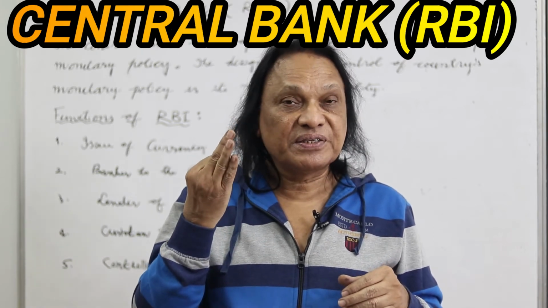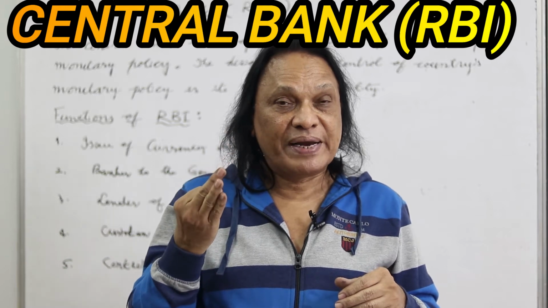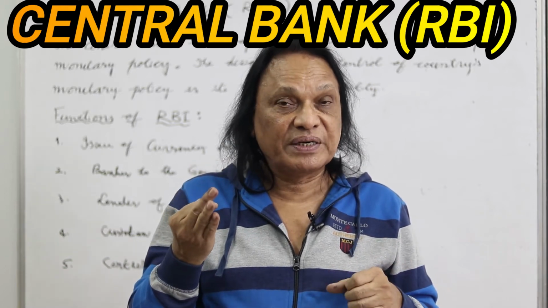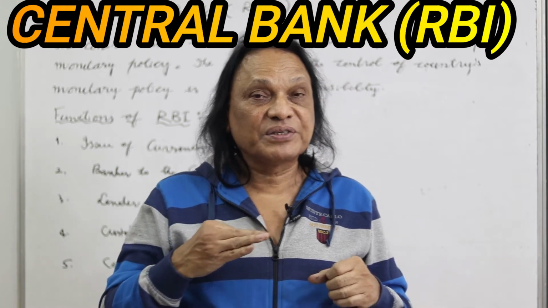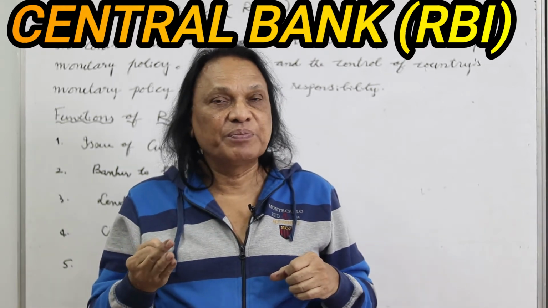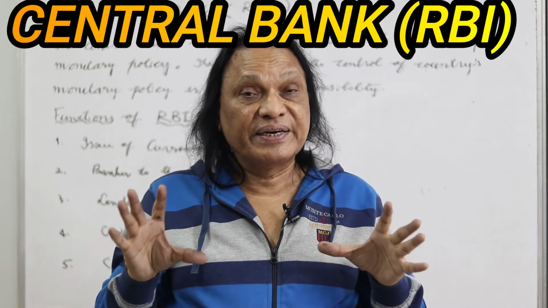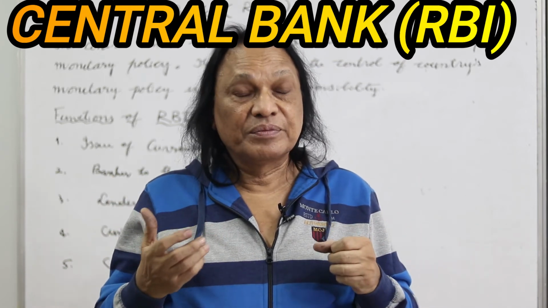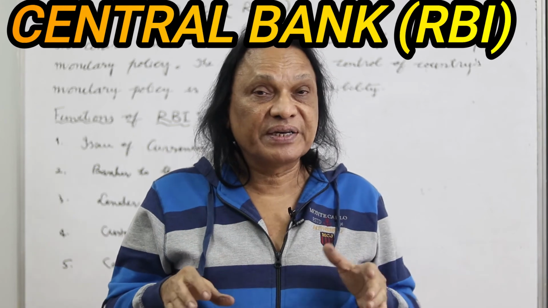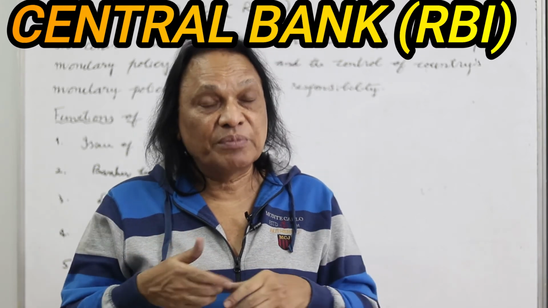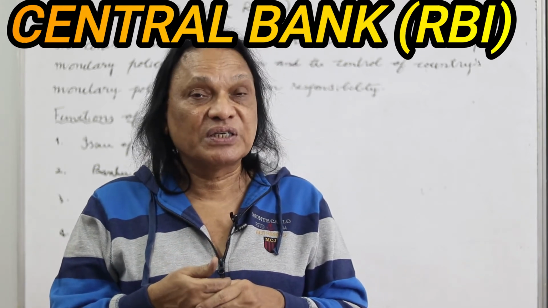The next point is, the main function of the central bank is the monetary policy of the government, and commercial banks do not do any monetary policy. The central bank always tries to control credit, and the commercial banks always try to create credit. So those are some of the differences which we discussed last class.